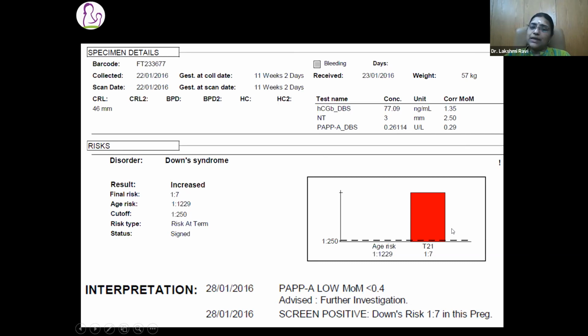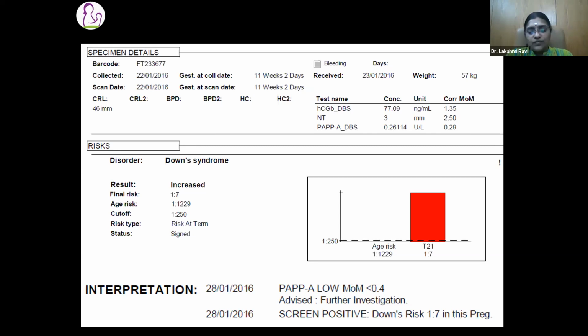So now you have a report like this. Now what is it that you're going to offer next? So obviously you're going to tell her, see, now the fetus runs a high risk of T21 and also you have a low PAPP-A value. So not only will this fetus be followed up for aneuploidy, we'll also track you for serial monitoring of growth.